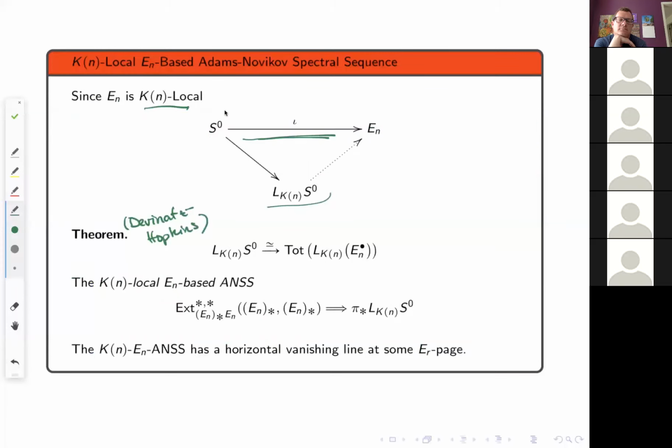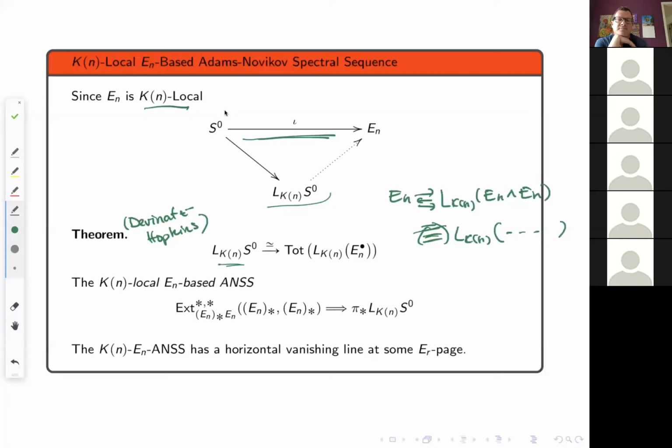The theorem is that if you do this approximation, this big complex where we had E_n and these two maps going back, but instead of putting just E_n smash E_n, I put the K_n localization, and so on, I localize every time and stay in the K_n-local category, then if I look at the totalization of this thing, I do get the K_n-local sphere.